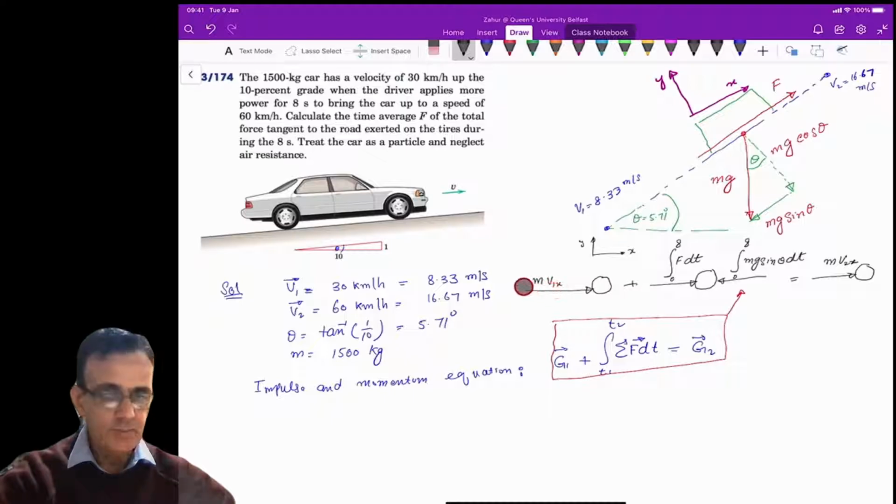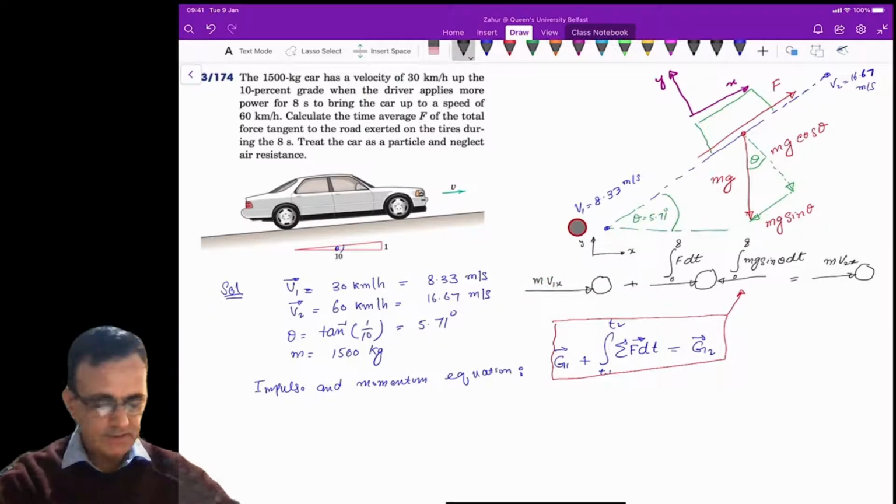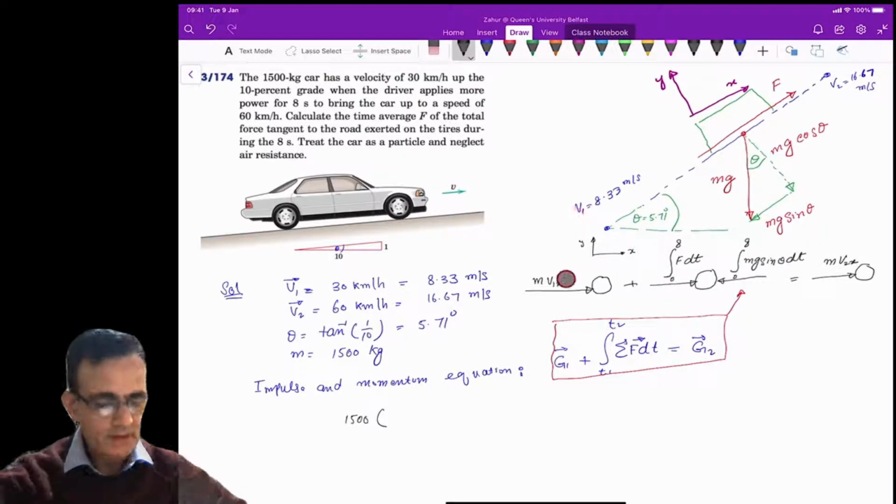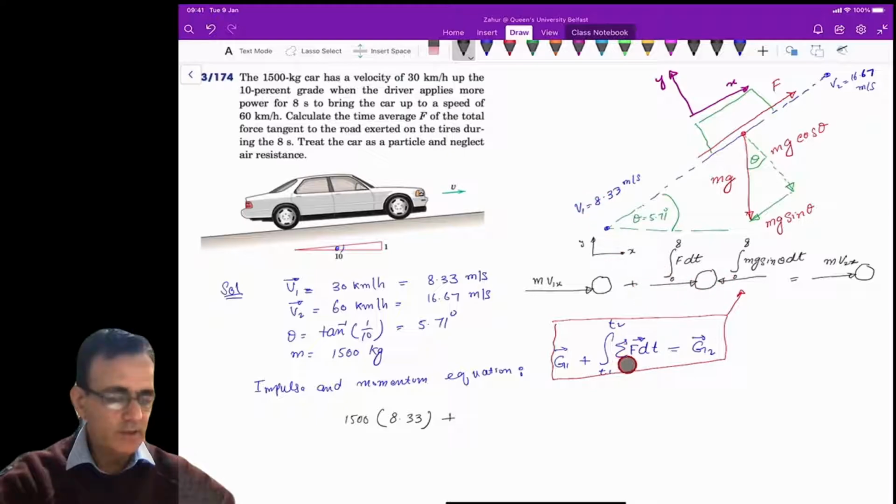So m v1x, so mass is given, which is 1500, and v1x is given, which is 8.33. And now you have the impulse here, which is the integration of the forces. In this case, you have this F, which is a constant force here.